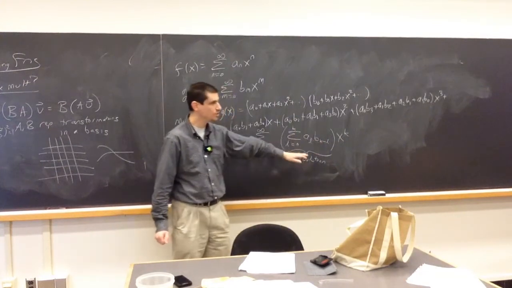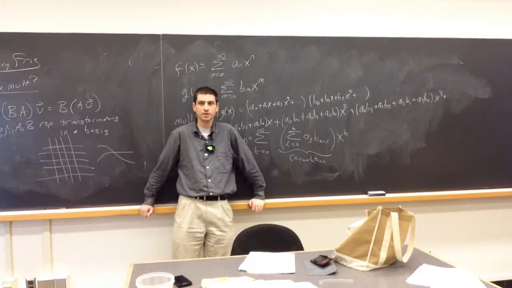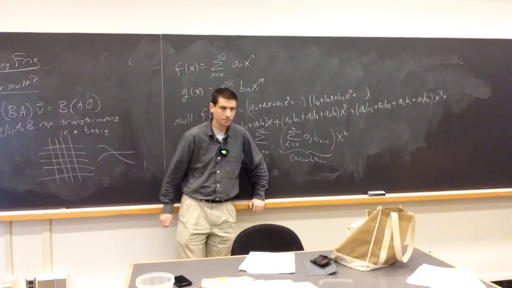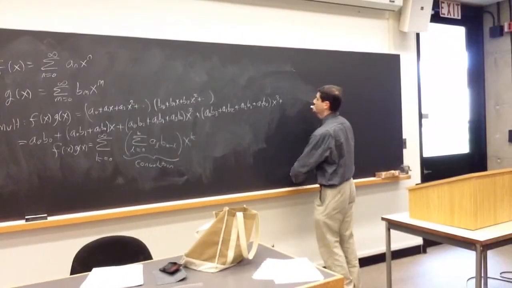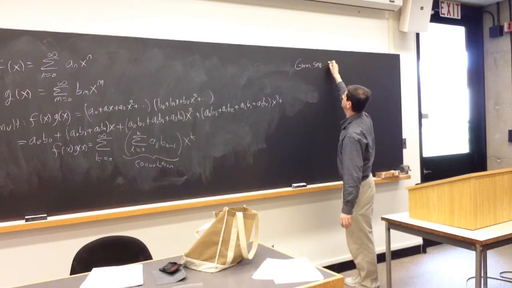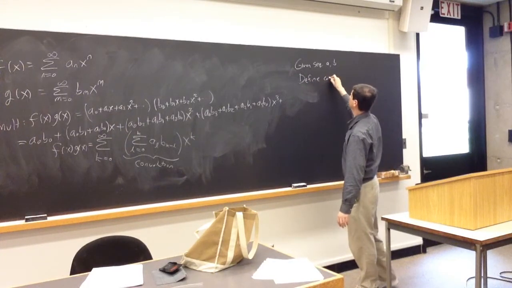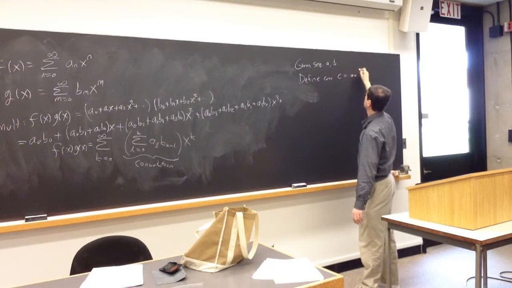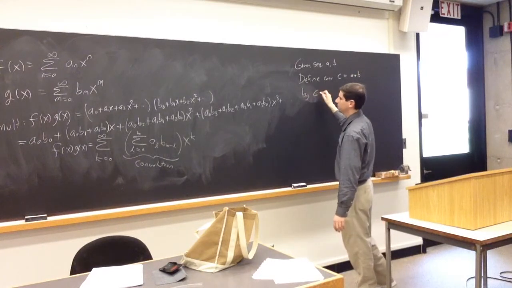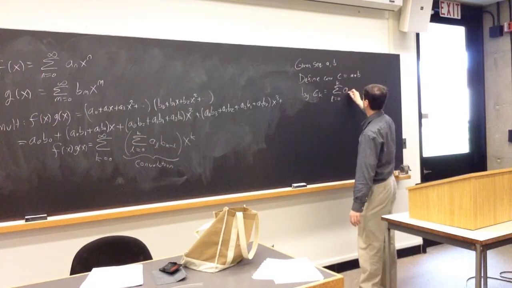So when we formally put in what's going on here, this suggests that convolutions and generating functions are related. Formally, given sequences A and B, define the convolution C equals A star B by c_k equals the sum, l goes from 0 to k, of a_l b_{k-l}.